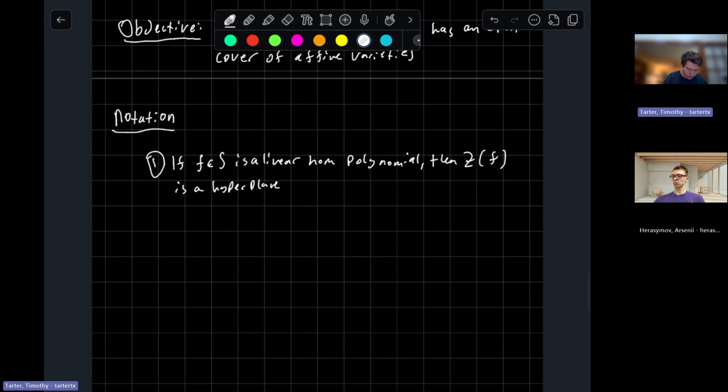And so, in particular, the zero set of x_i is what we're going to call H_i, i equal 0 to n.